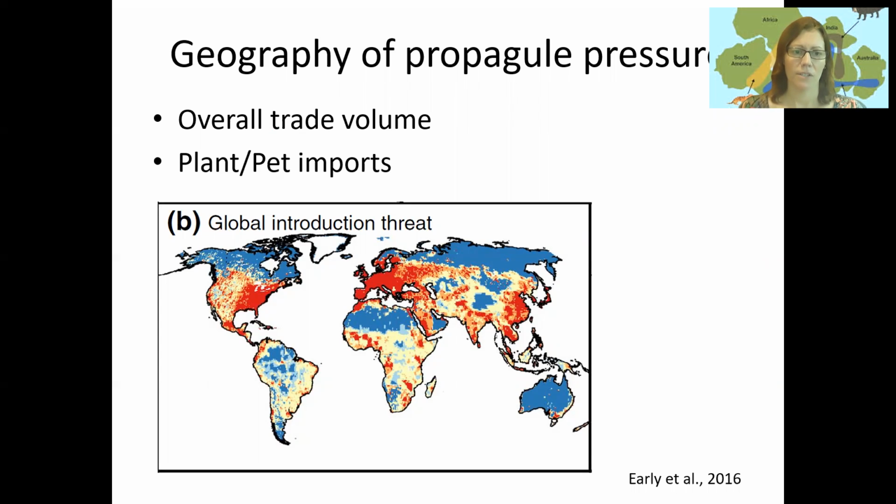And there's also specific layers of plant imports to each of these different countries and sub-country levels, and pet imports. Plants and pets are the major pathways for plant and vertebrate introductions, and plant imports also serve as a proxy for hitchhikers of pathogens and pests on plants.